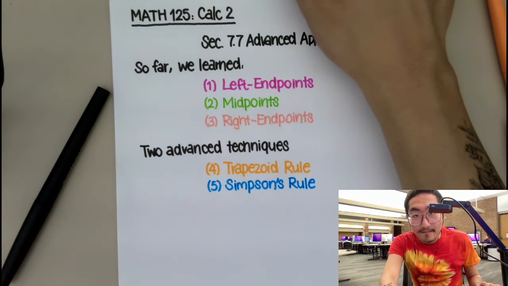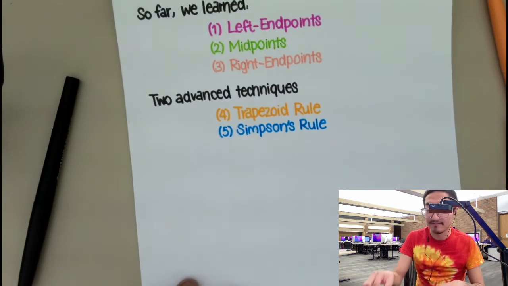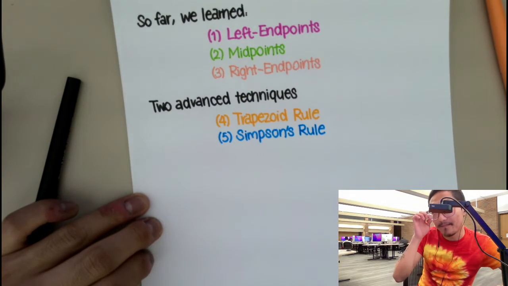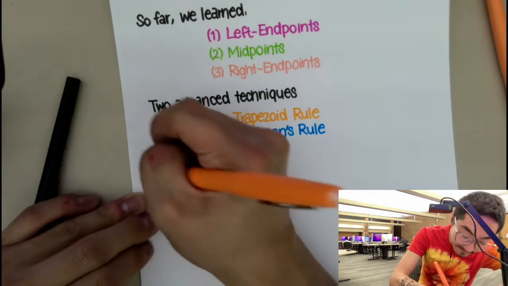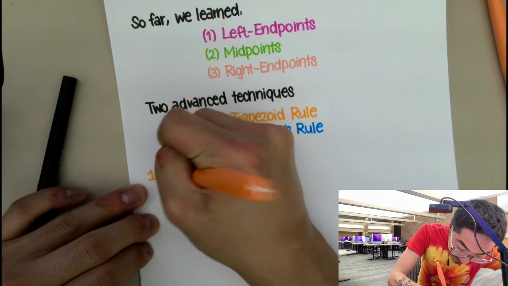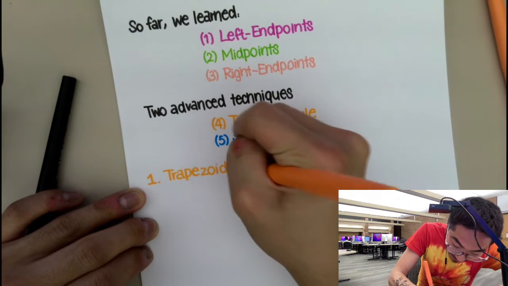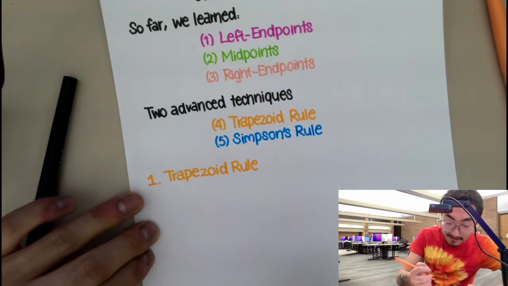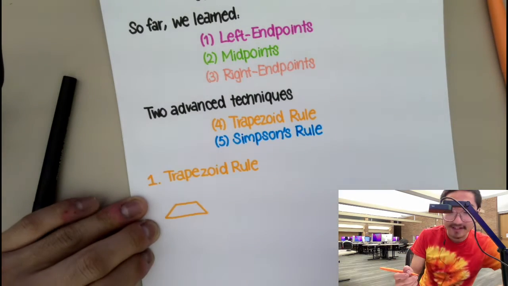So what is the notation for the trapezoid rule? The trapezoid rule approximates with trapezoids, like this.